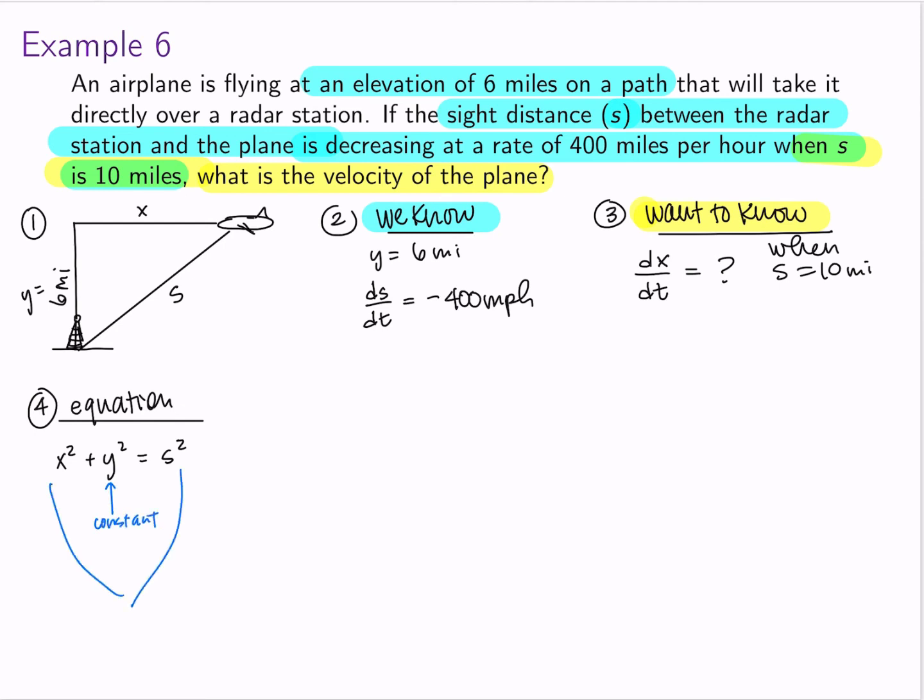But my x and my s, the distance here, x, and the distance here, s, are both changing as the plane flies. So I'm going to make note of that to help me keep up.